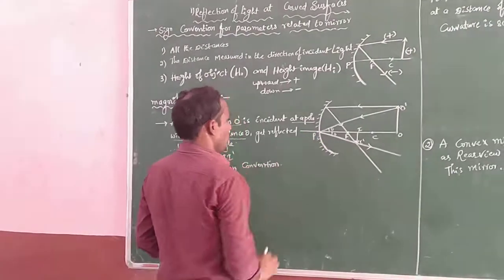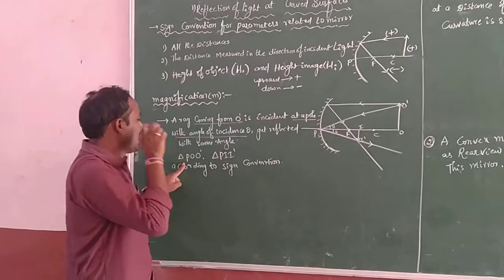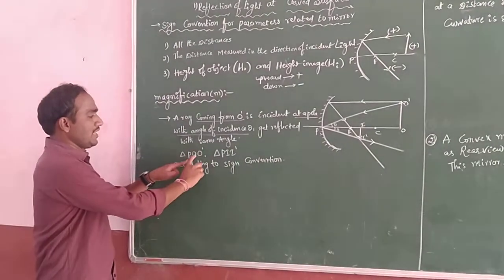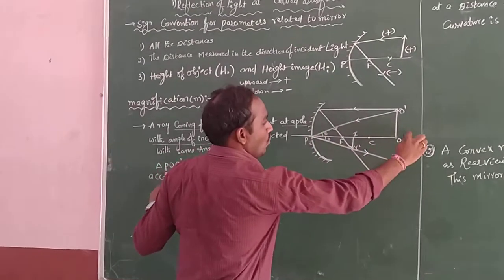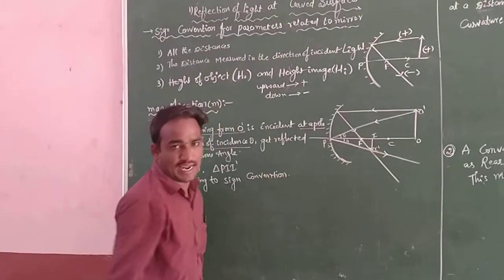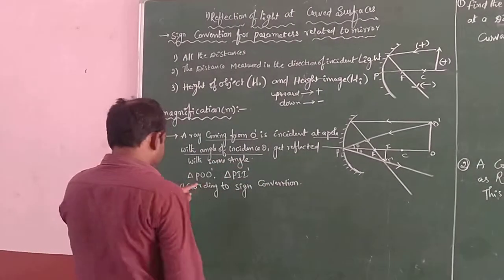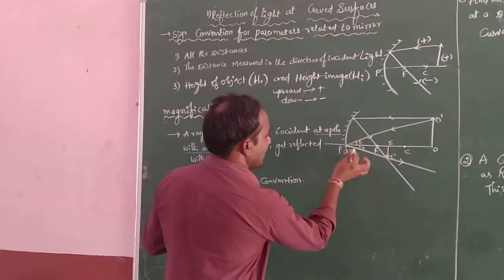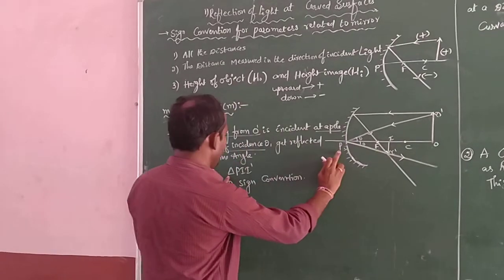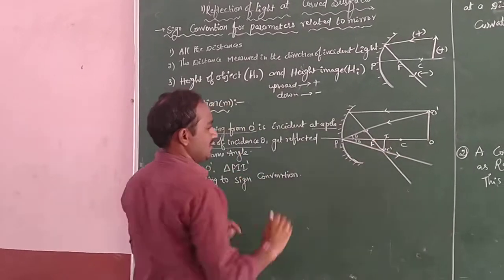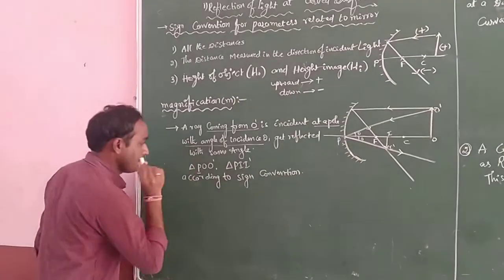What are they? One is POO dash, this is one right angle triangle. And another right angle triangle is PI dash.